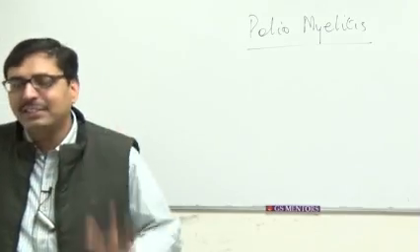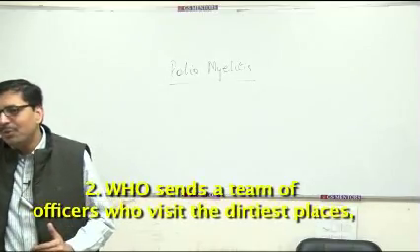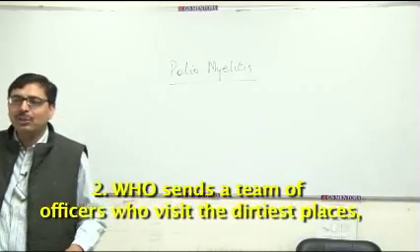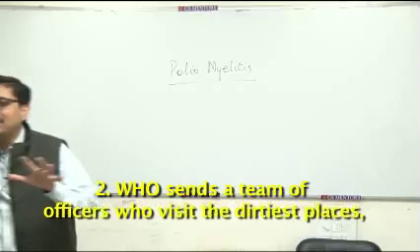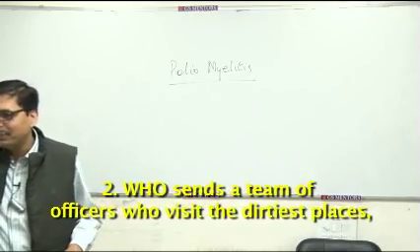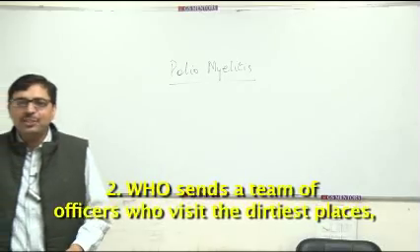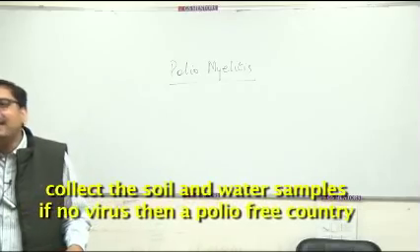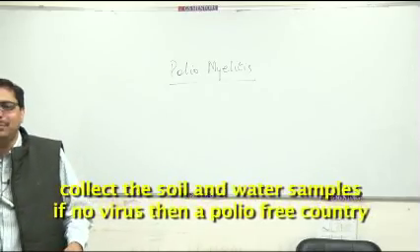Once there is no polio case in a country for 3 consecutive years, then WHO, the World Health Organization, sends its team of health experts or officials to that country. They visit the dirtiest places in terms of sanitation, and collect soil and water samples from there.